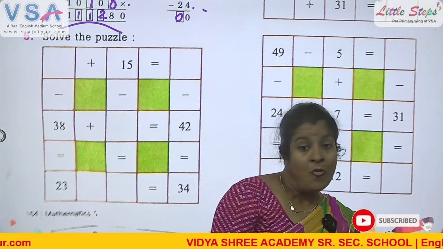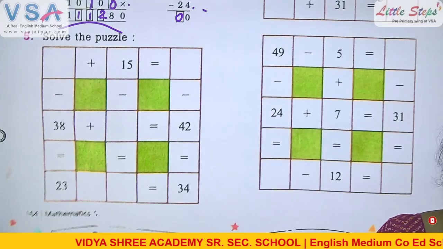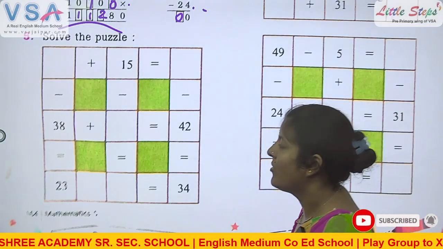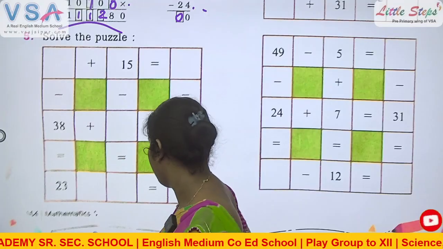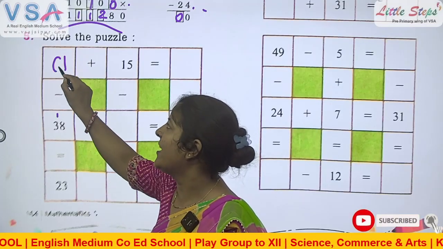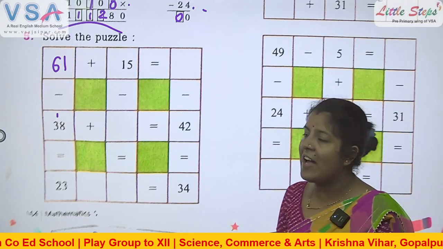No. For the upper number, first of all add the two numbers. Yes and no? So 38 plus 23. 8 plus 3, 11. 3 plus 2 plus 1. Then the answer is 61.